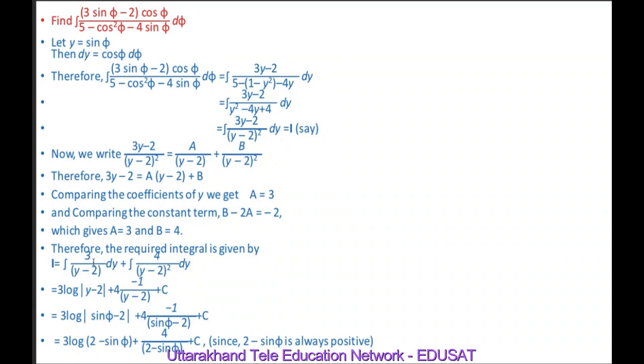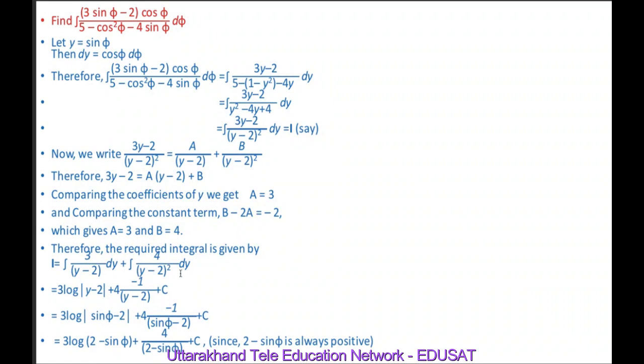Now you know the integration of 1 upon y minus 2 is log of y minus 2. The second is a term of the form 1 upon x square, whose integration is minus 1 upon x. So it means minus 4 upon y minus 2 plus c.